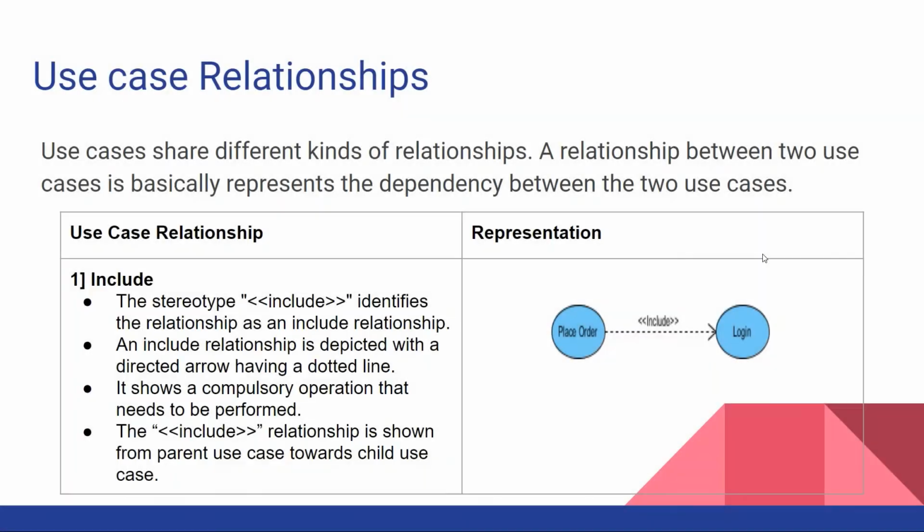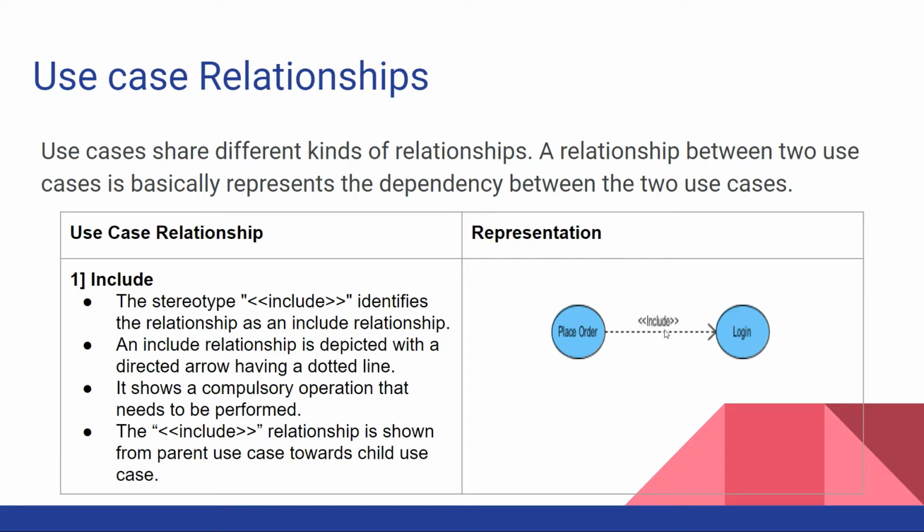Then we'll see use case relationships. So different use cases share different kinds of relationships. So that is nothing but the dependency between the use cases. So we'll see there are two types of relationships between use cases, include, and second one is the extend. So as you can see in this representation, there is include relationship shown, and you can see that it has these angular brackets.